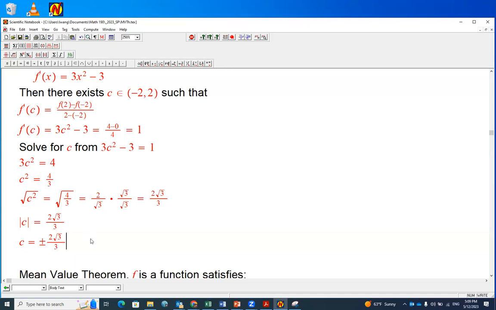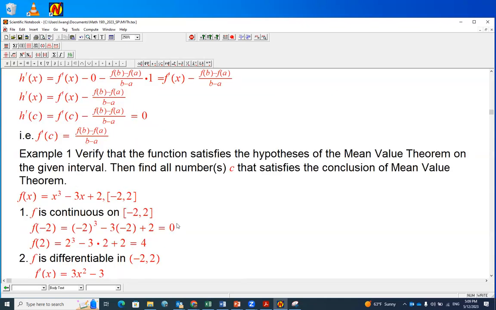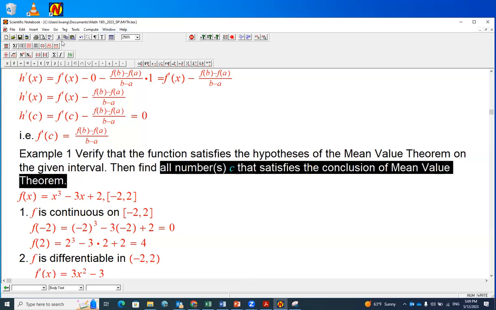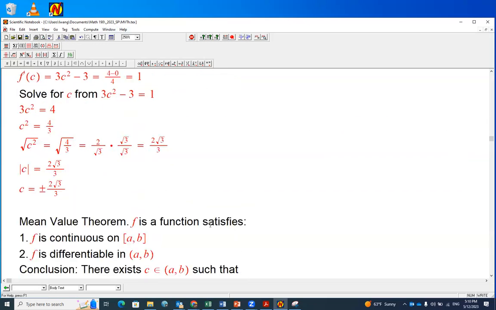Then to draw the conclusion, to finish this question up, we need to say, wait a second, are these 2 numbers inside the interval? And apparently both numbers are inside the interval. Okay, so then we can answer the question.